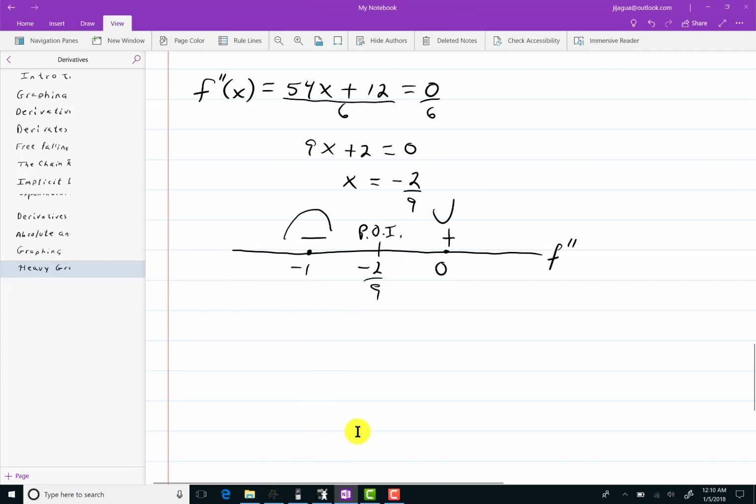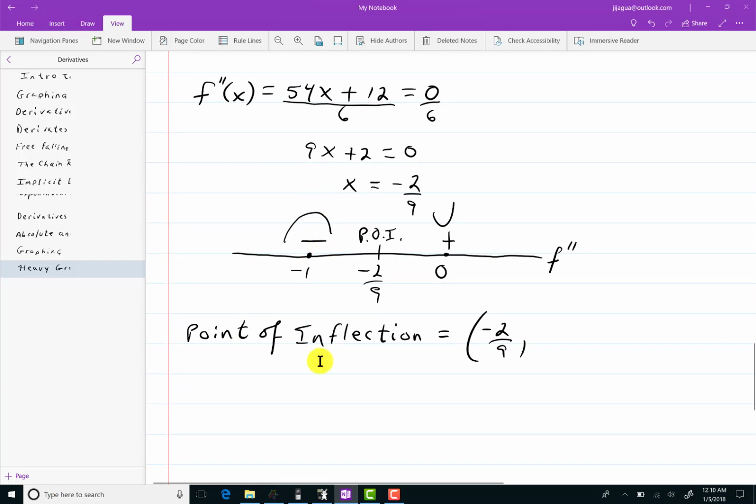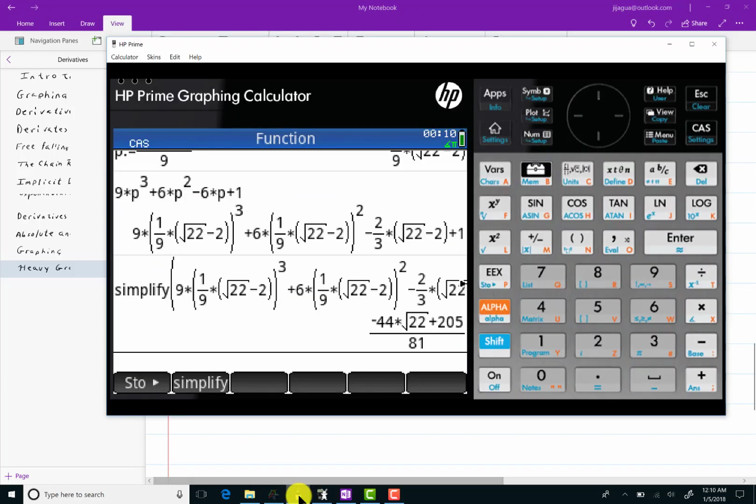So to get that, the point of inflection is at x equals negative 2/9. And I want to plug that into the original function because you want the y value. Well, I'm going to do the same game I did before and not do much in the way of by hand.